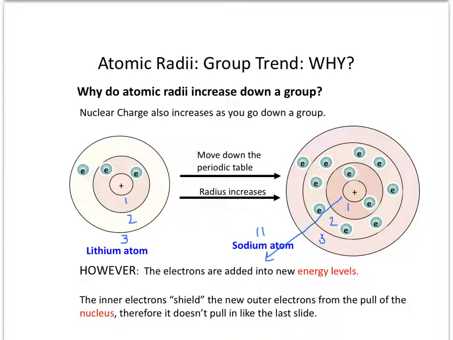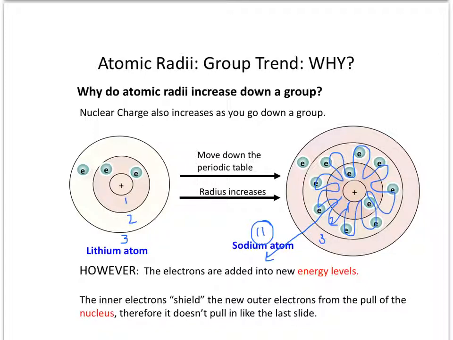And so the nucleus, even though it has a stronger attraction to those electrons because of the greater proton number, can't really act upon that because of the distance. The electrons are located so far away, and there's a lot of inner shell electrons that shield the nucleus from that outer shell electron, that it's hard to draw it in, and so it doesn't increase.